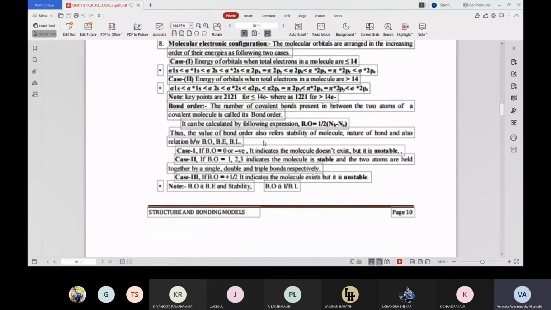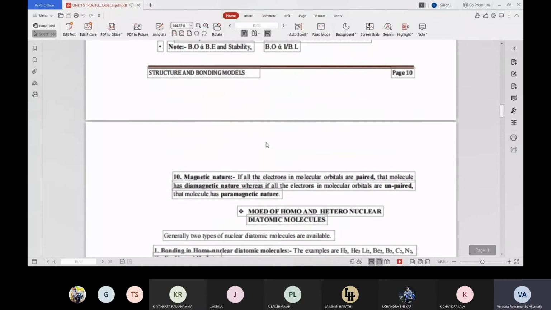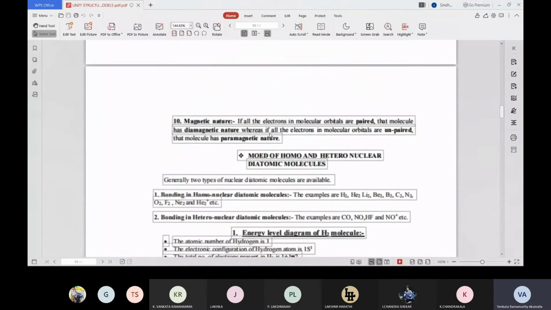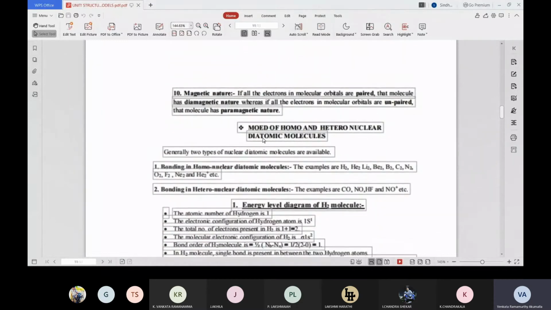Next one is magnetic nature. That is important. If all the electrons in molecular orbitals are paired, that molecule has diamagnetic nature. Whereas if the molecular orbitals have unpaired electrons, that molecule has paramagnetic nature.